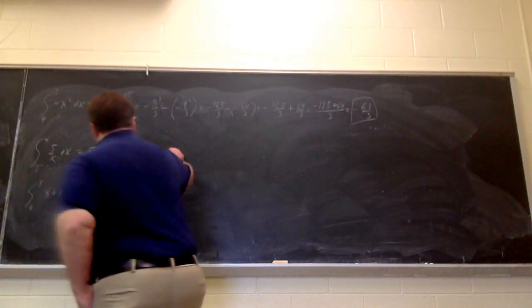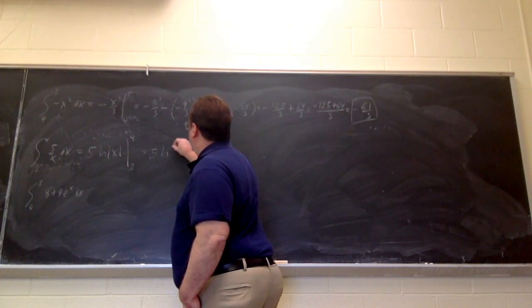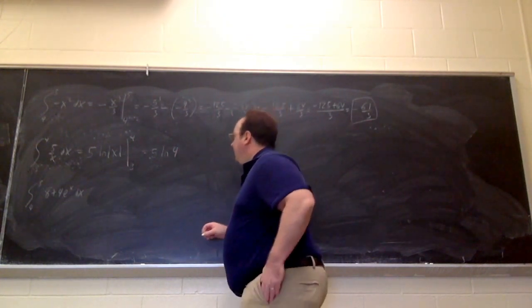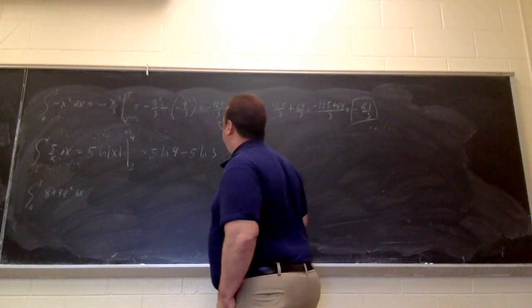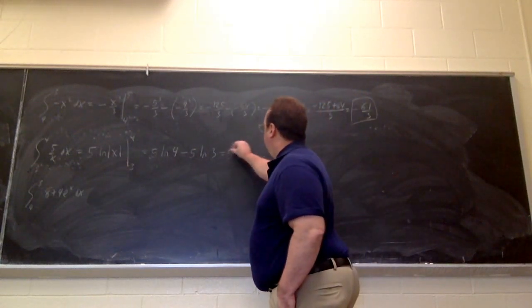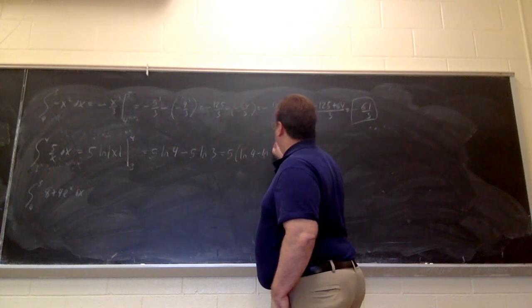So I have 5 natural log of 4. There's no need for the absolute value, this 4 is positive. Minus 5 times the natural log of 3. Now, if I were to factor out a 5, I'd have 5 times the quantity natural log of 4 minus natural log of 3.